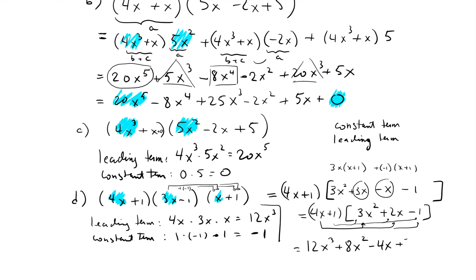Essentially, when you multiply by 1, you're just not changing the result of the multiplication. So I just need to copy back 3x squared plus 2x minus 1. And notice I get minus 1 for my constant term as expected. And finally, I can just group like terms together. I've got 8 and 3, so 11x squared. Minus 4x plus 2x is minus 2x, minus 1. And that's my final answer.